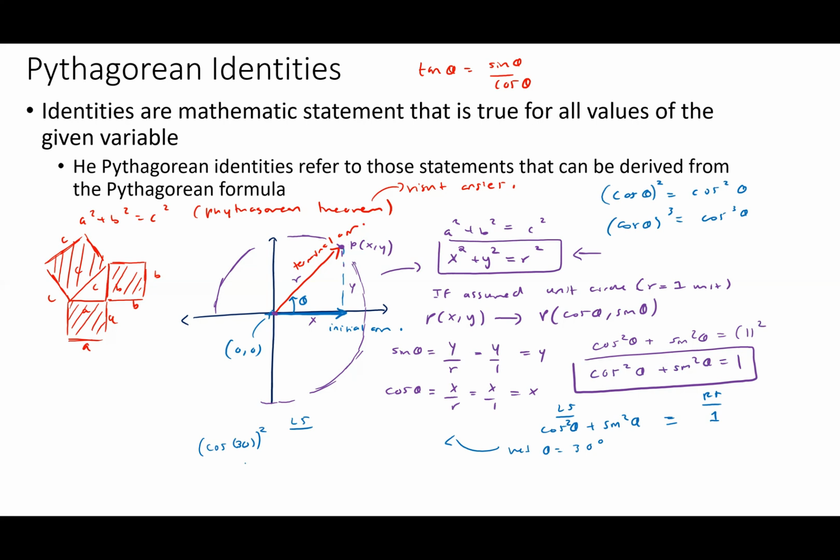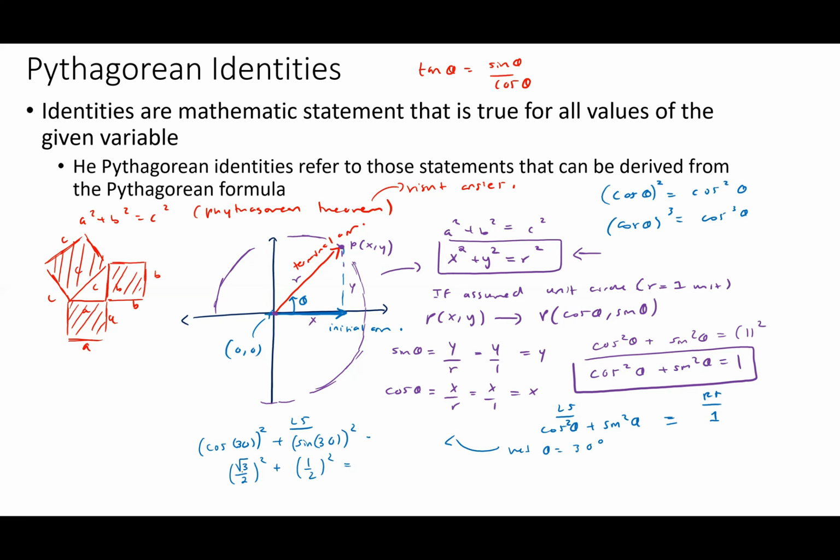So in this case, the left side, we have cosine 30 squared plus sine 30 squared. And if we calculate this, cosine 30 squared is square root 3 over 2 squared, and this is something that you need to know because these are special angles. Plus sine 30 squared is 1/2 squared.